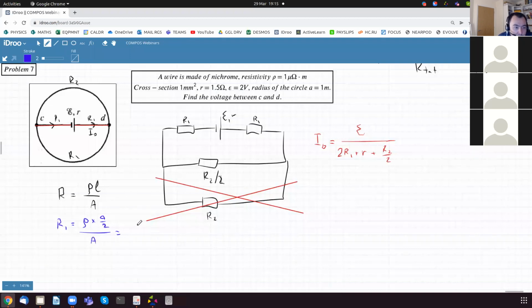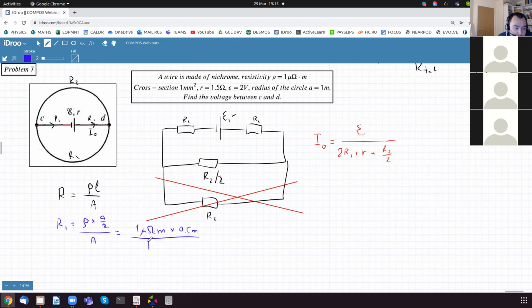So it's going to be 1 micro-ohm meter. I'm going to be very careful with units on this one. Multiplied by A over 2, so it's 0.5 meters. And now 1 square millimeter.